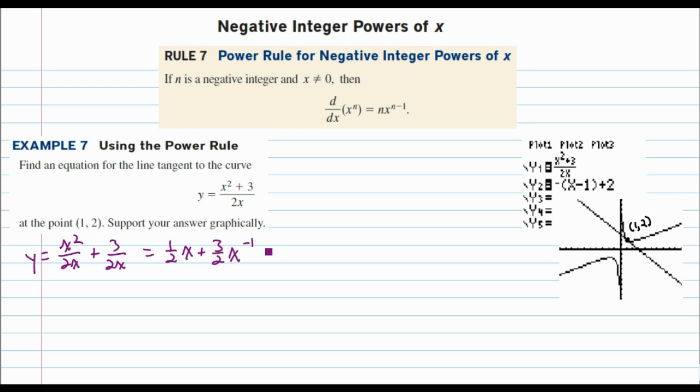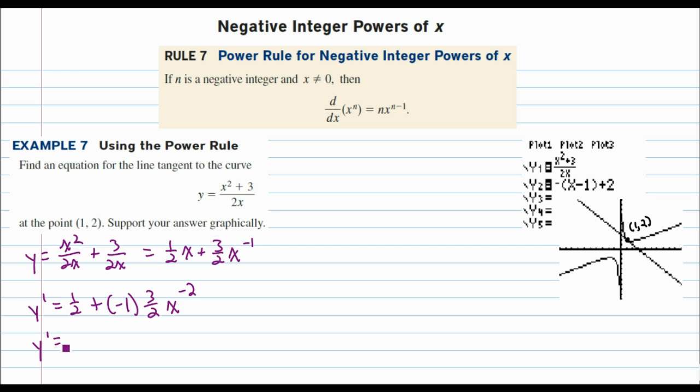And now that I know for sure I can use the power rule on negative exponents, I can tell you that y prime is, okay, the derivative of 1/2 x. That's x to the first, so drop the 1 as a coefficient. That's going to be 1/2 times 1, which is 1/2, and now x is going to be to the 1 minus 1, or 0 power, so I don't need to worry about an x, plus, oh, wait a second, my negative 1 is going to drop down as a coefficient, so that will turn into a negative 1, and then times 3/2, but now x will be to the negative 2 power.